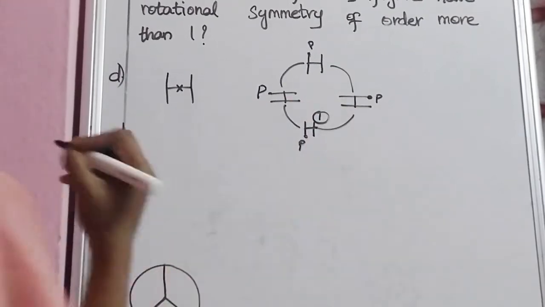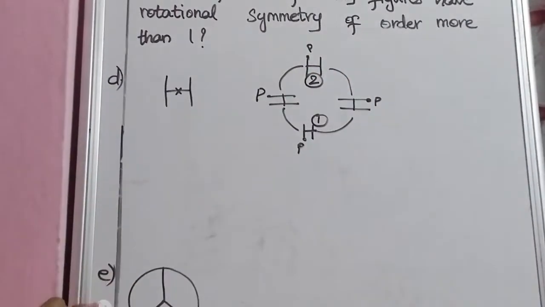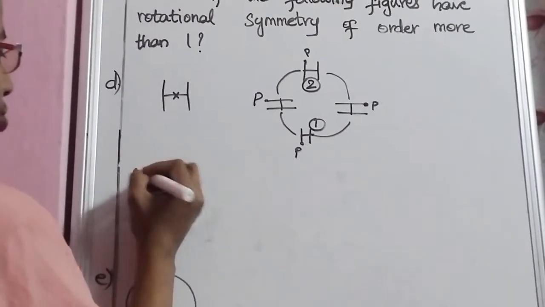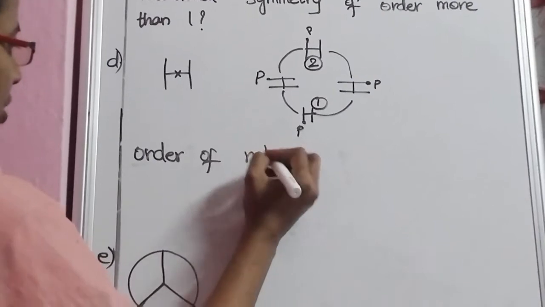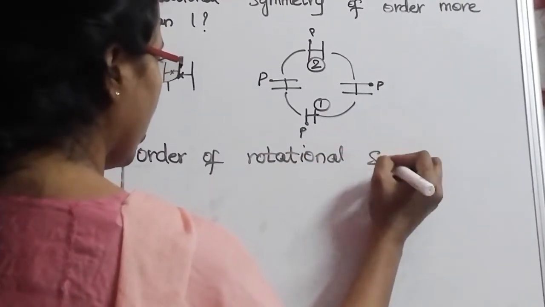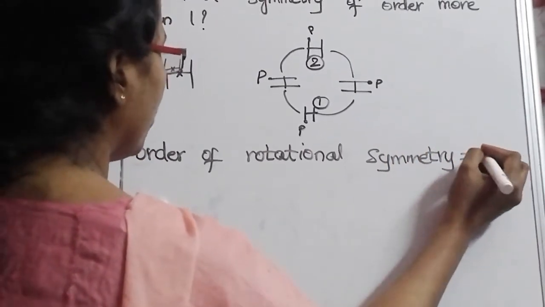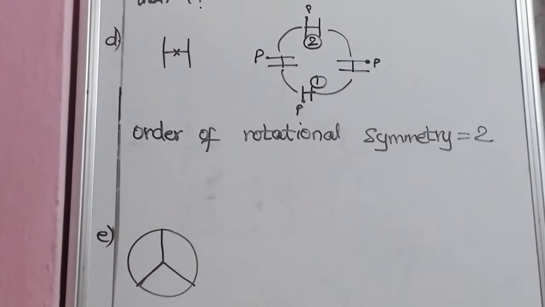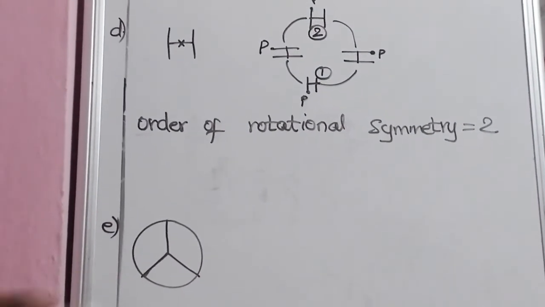This is the same shape, and at 360 degrees also it is the same shape. So the order of rotational symmetry is equal to 2.